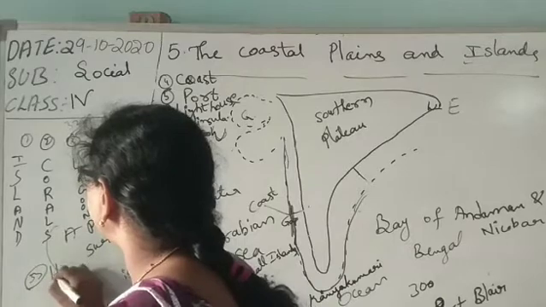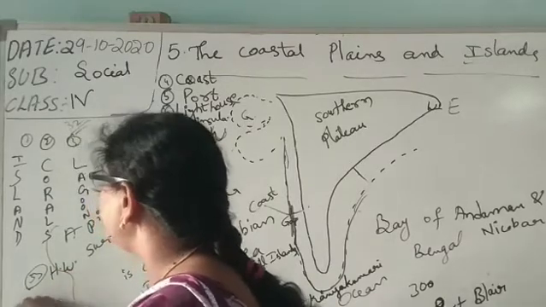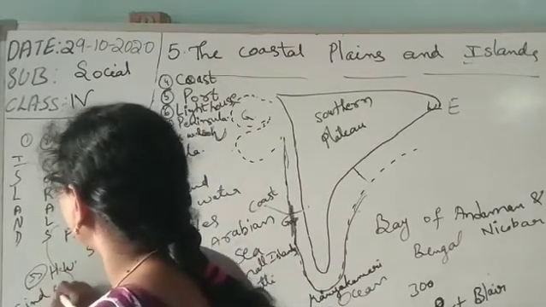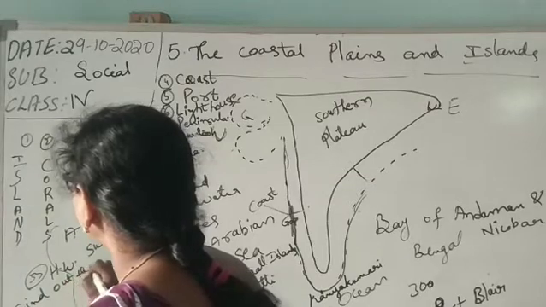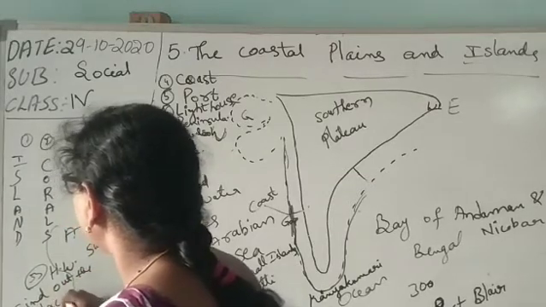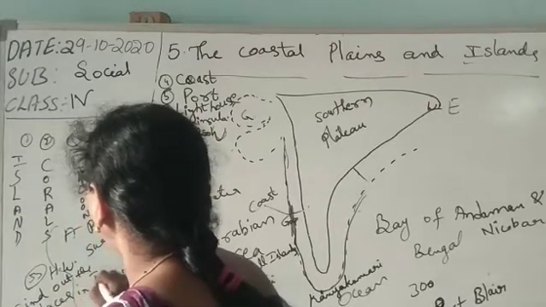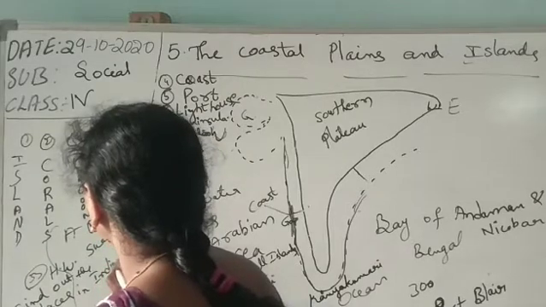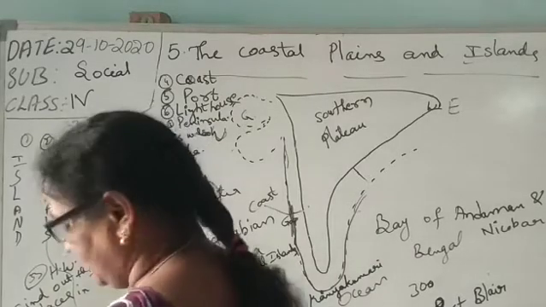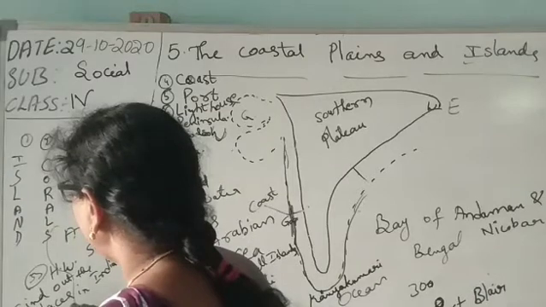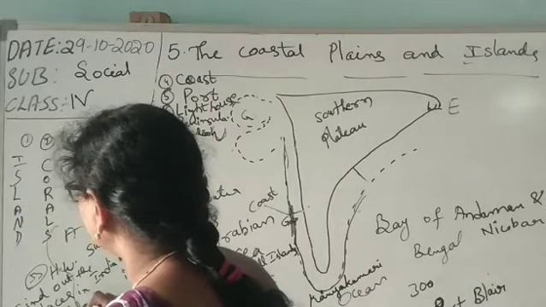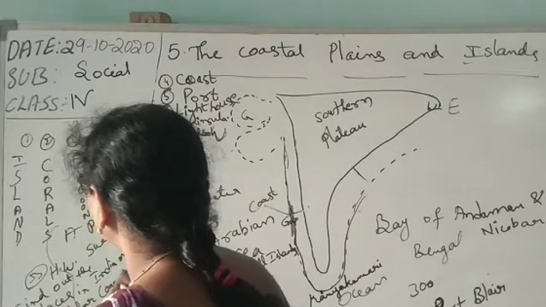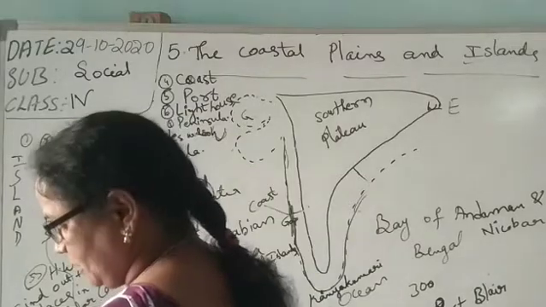Find out the places on the India map. First one, Malabar coast. Coromandel coast.